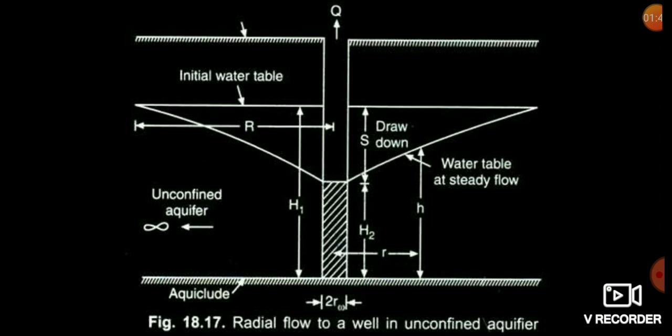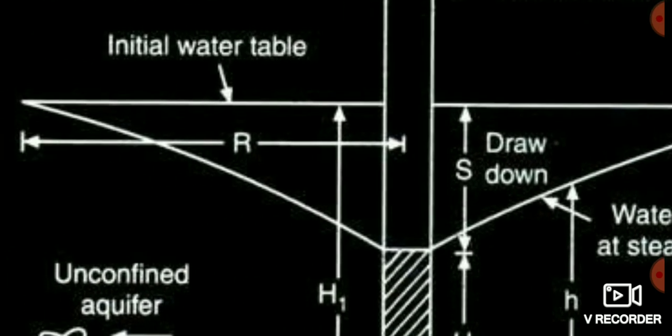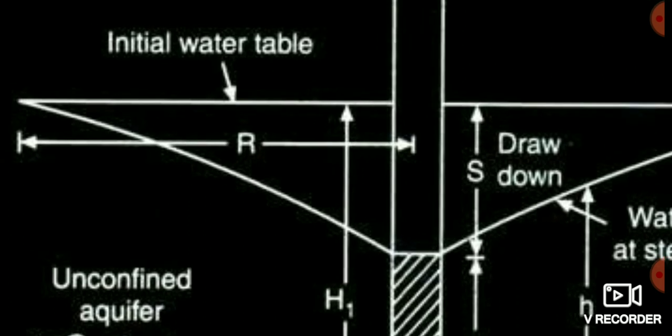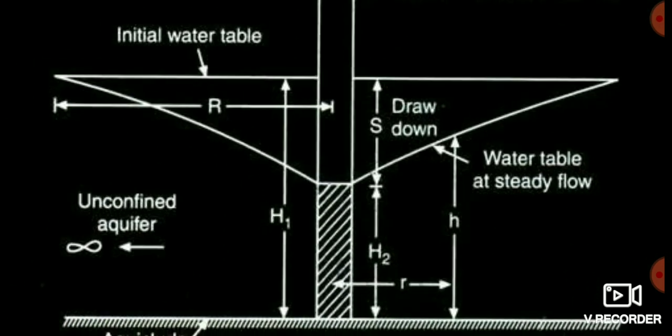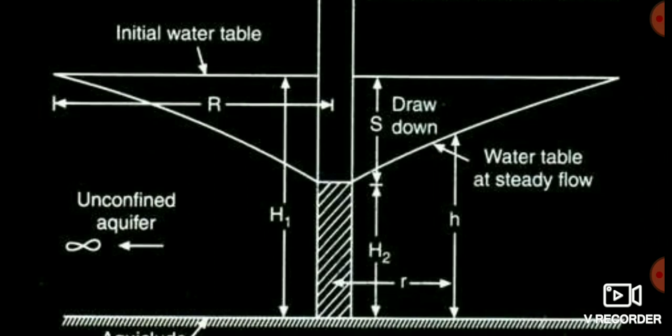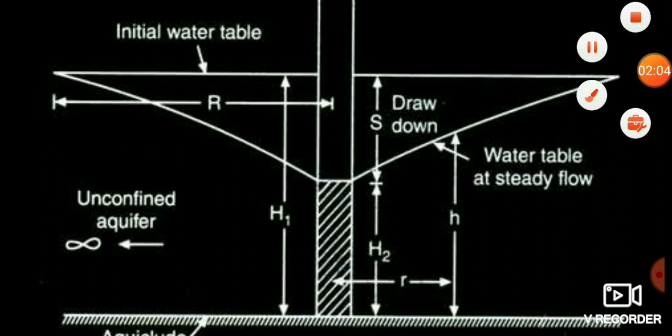You clearly observe here that at r distance, means the radius of influence distance, the drawdown is 0, and at the base of the well, means at the radius of the well, the drawdown is s, the highest, and the lowest at the radius of influence.